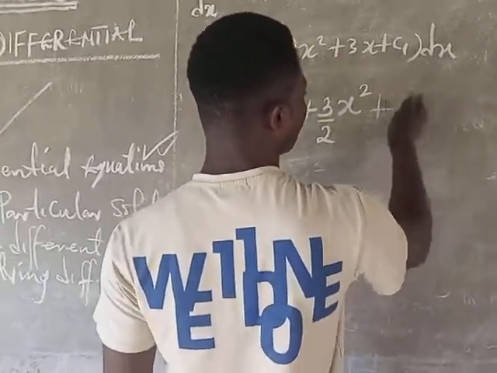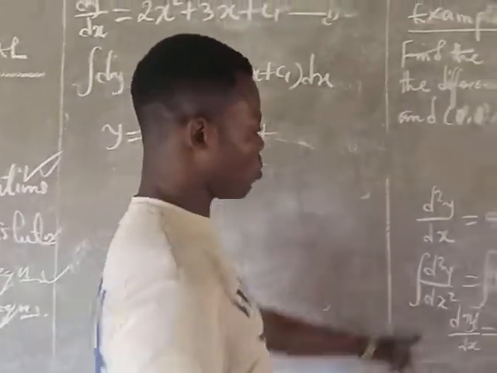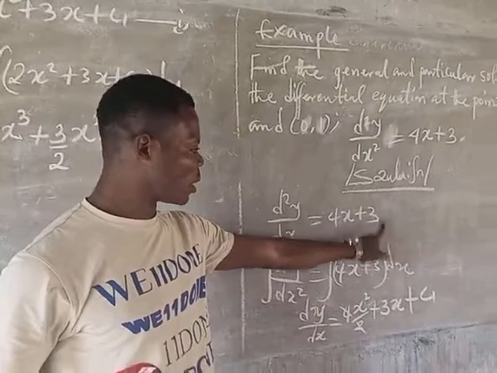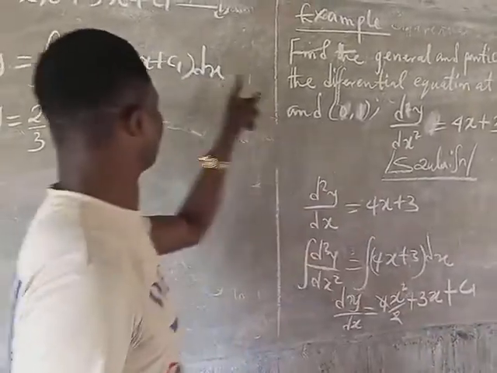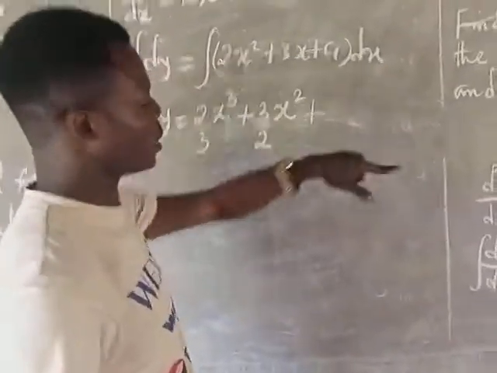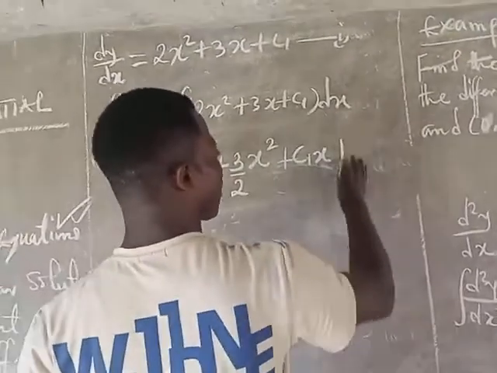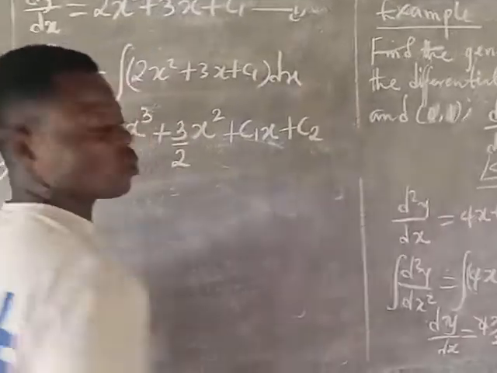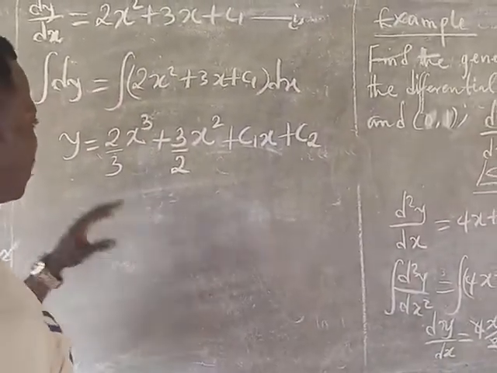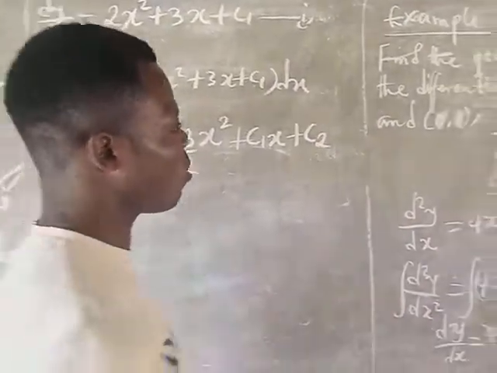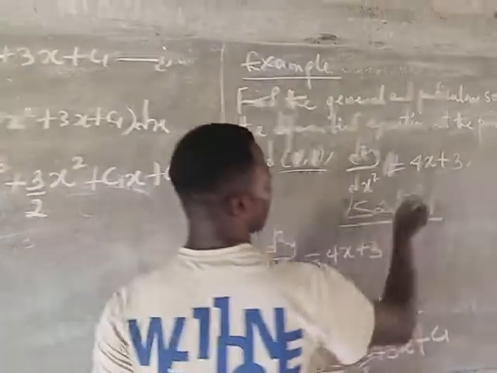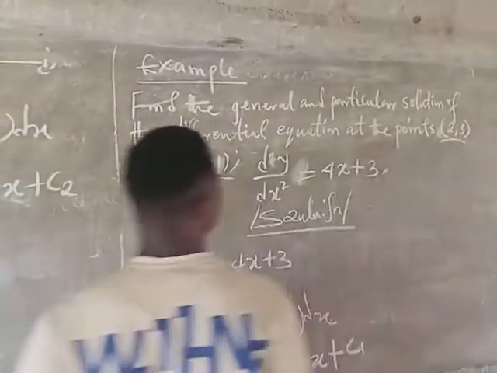Then this is a constant term, just like we integrated this and we said it is 3x. Likewise, this is a constant term like 3. This will be c1x. Then we have another constant term again, which is plus c2.